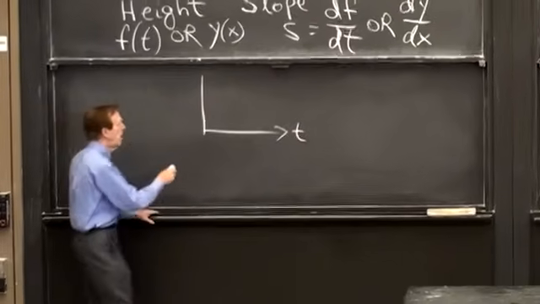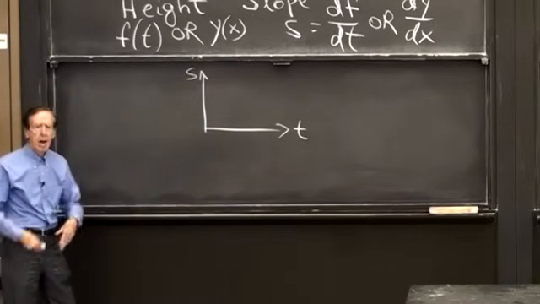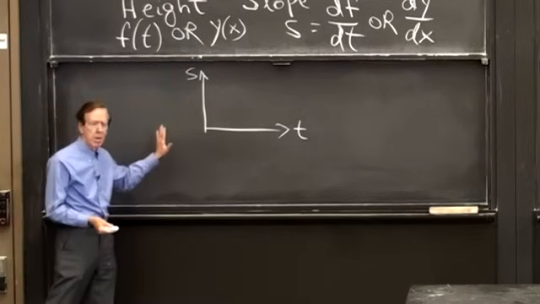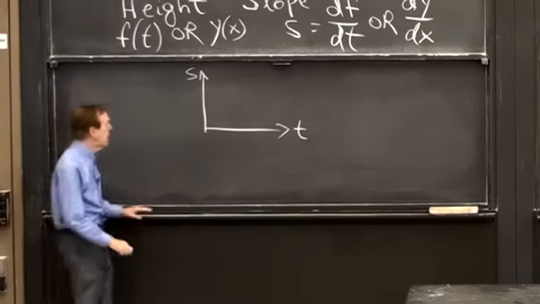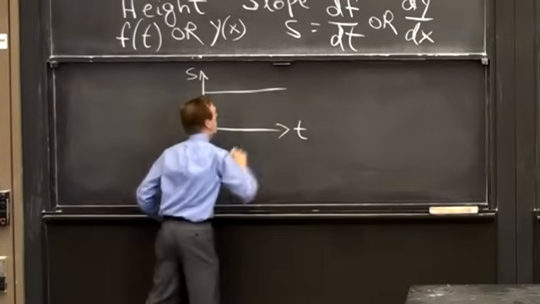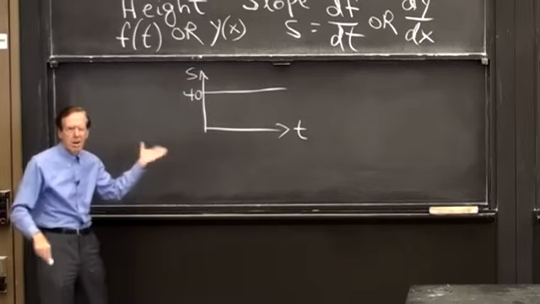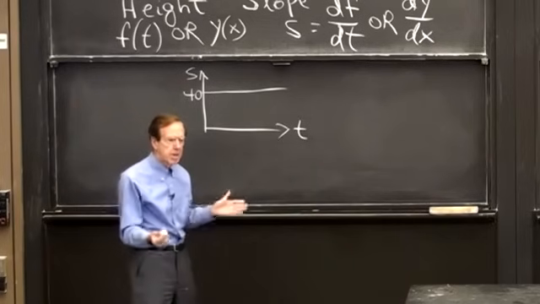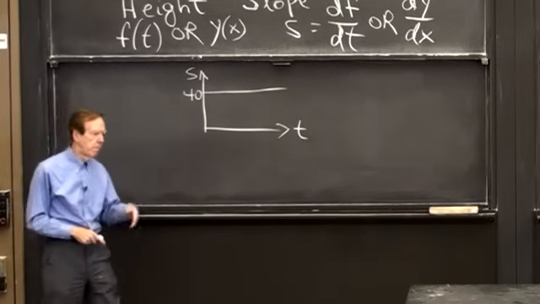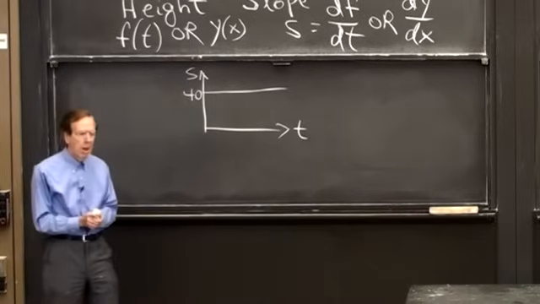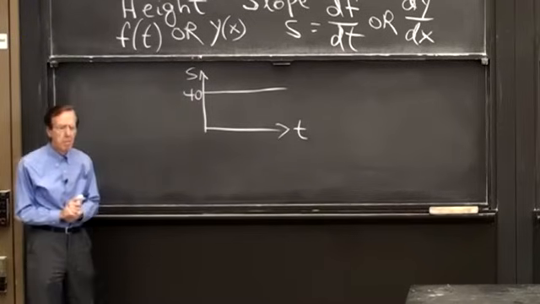So time is going along that way, speed is up this way. And I'm going to say, in this first example, that the speed is the same. We're traveling at this constant speed of, let's say, 40. So it stays at the height of 40. Oh, I should add units like miles per hour or kilometers per hour or meters per second or whatever. For now, I'll just write 40.